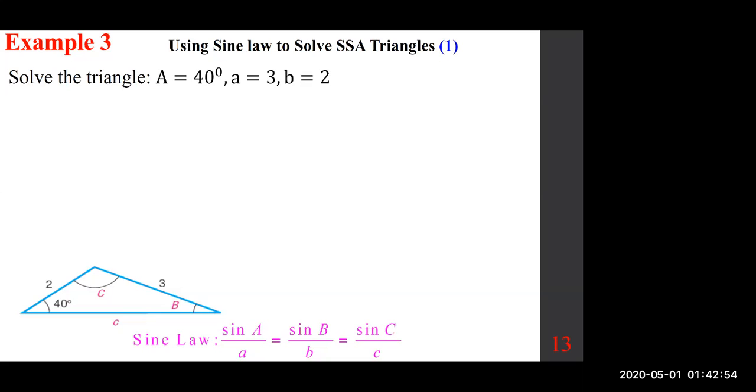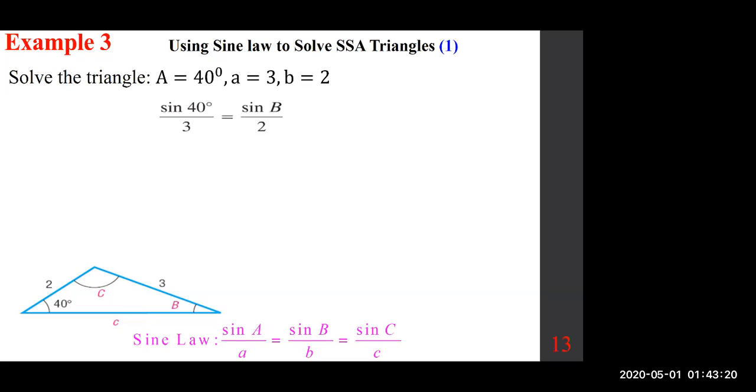All right, so if this is the case, we can write the sine law. Sine of 40 over 3 equals sine of B over 2. I hope everybody can see what's going on here.